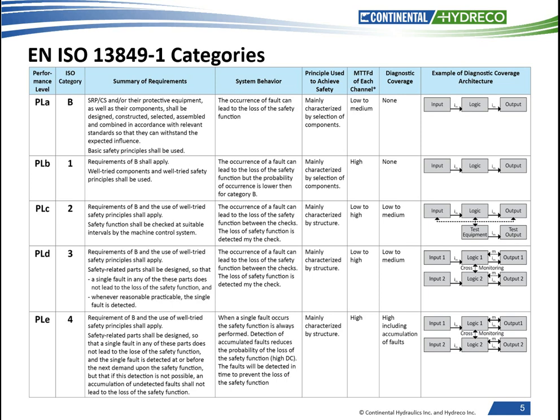Category 3 shall be designed so that no single fault in any of these parts leads to the loss of a safety function. To meet this requirement for Category 3, redundancy is needed.